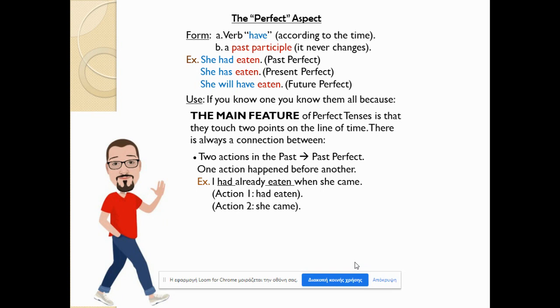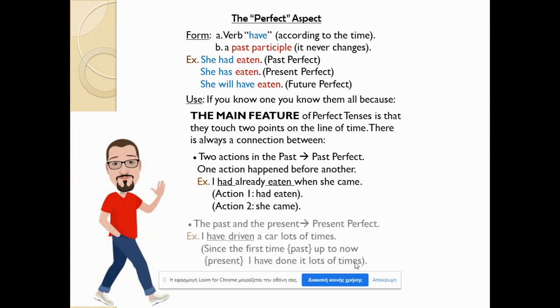What it shows is that one action happened before another. So I had already eaten, this is the first action in the past. When she came, so I had finished eating when the second action happened afterwards, she came. Okay, so in this case, I have 2 actions that both touch the past.